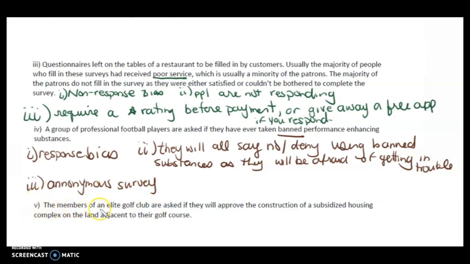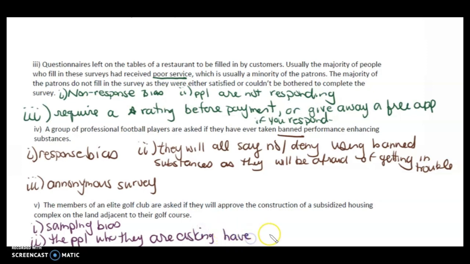So 5, the members of an elite golf club are asked if they will approve the construction of a subsidized housing complex on the land adjacent to their golf course. So this is going to be a sampling bias. The reason this is a sampling bias is the people who they are asking have what I want to call a stake.